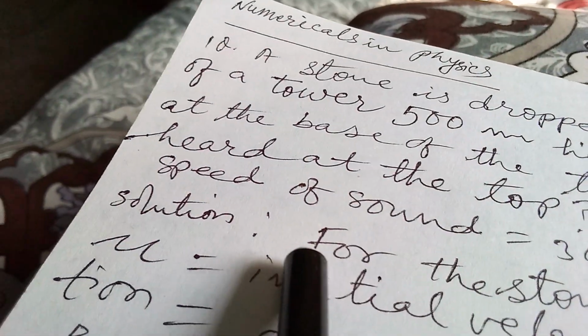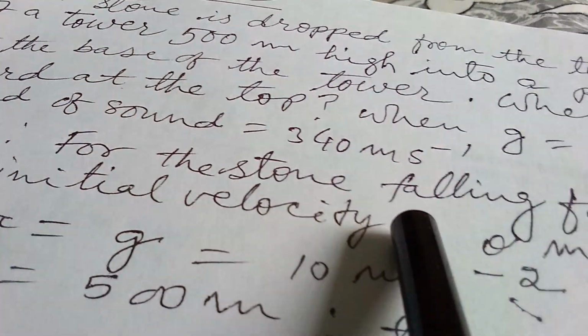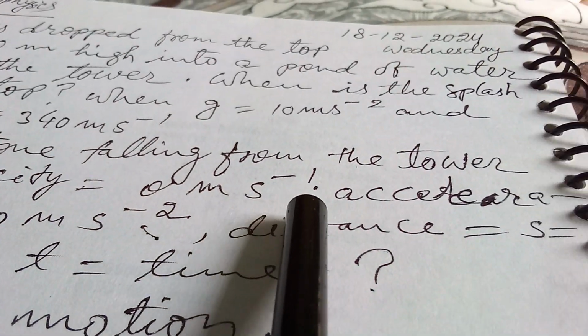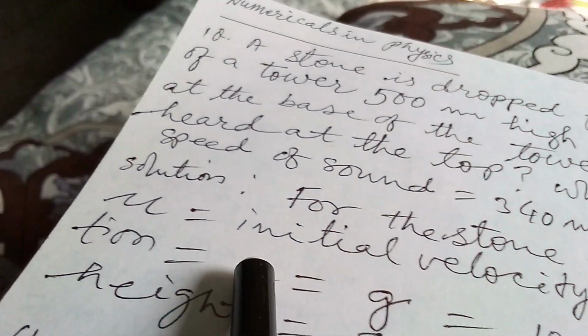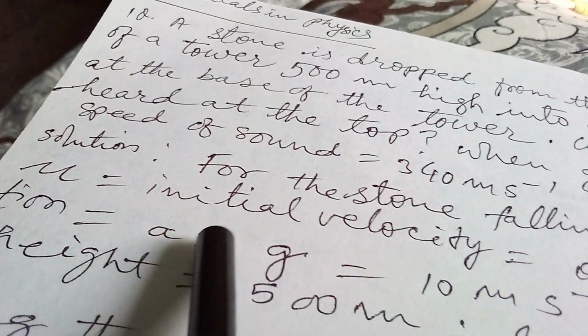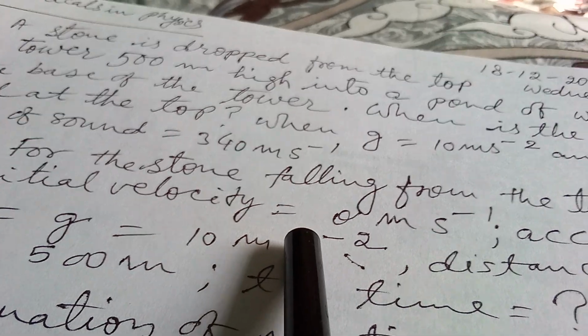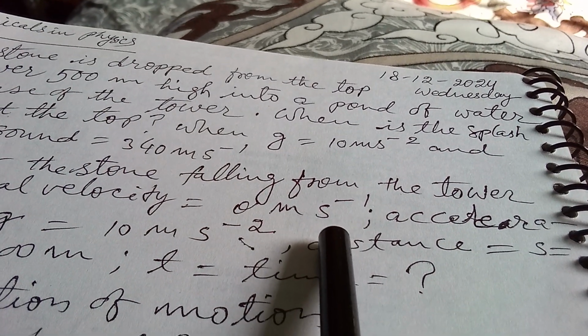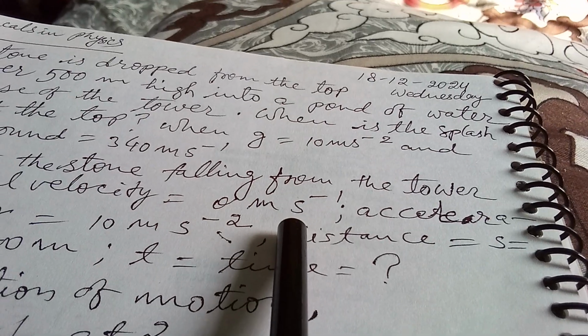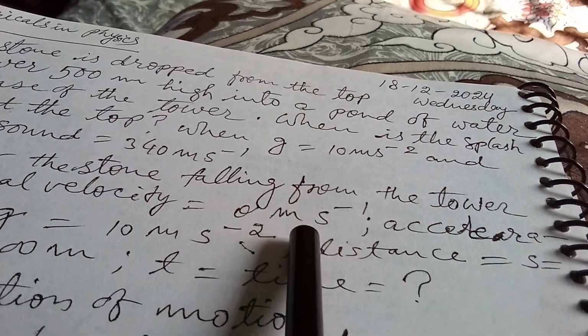The solution is, for the stone falling from the tower, u, that is initial velocity, equals 0 meter per second because it was in the resting position, so initial velocity will be 0.